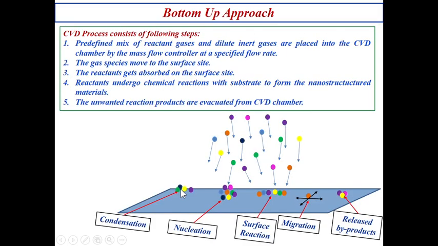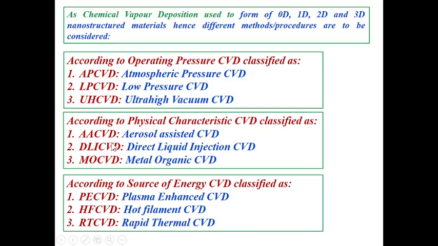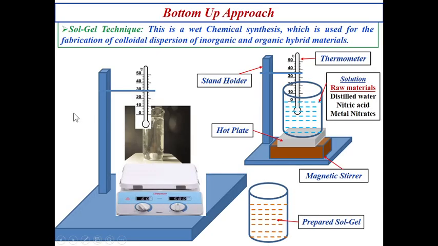These are the abbreviations of different types of CVD. You just remember them. Short questions may be asked in your exam. What is UHCVD? You have to write down: ultra high vacuum CVD. Next, come to the sol gel technique.